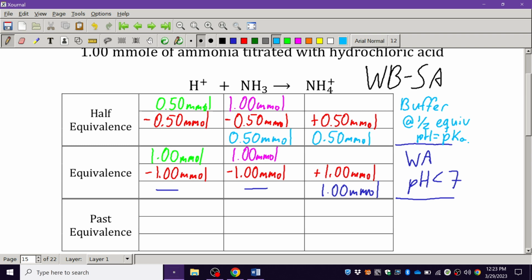How could we get the Ka for ammonia calculation-wise? What do we do? Okay, but what if we can't find that? If we don't have a Ka value to begin with, how do we get the Ka value?